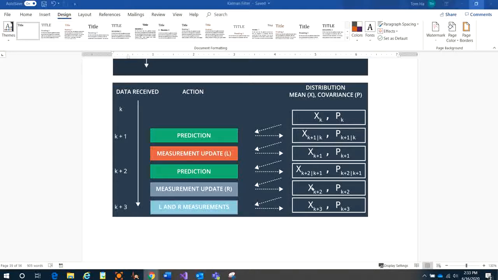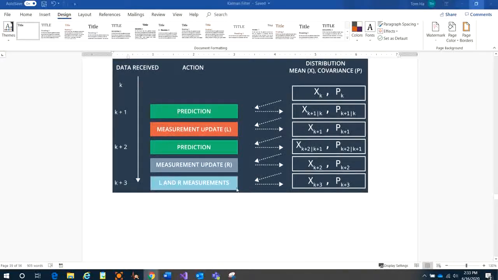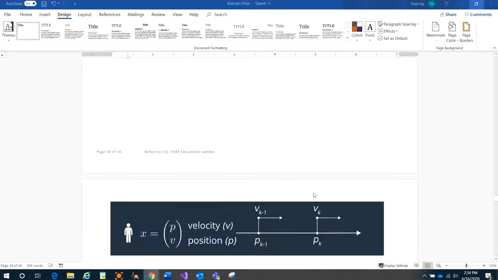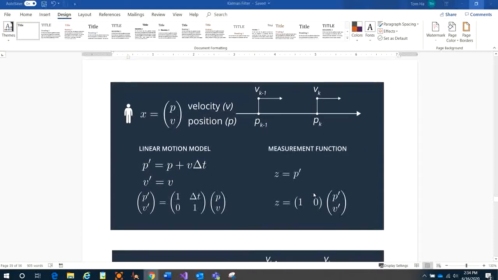And we update the value for the measurement. Okay, it's time k plus 2, right? So we continue for time k plus 3. We do the same thing, right? So we continue to go.